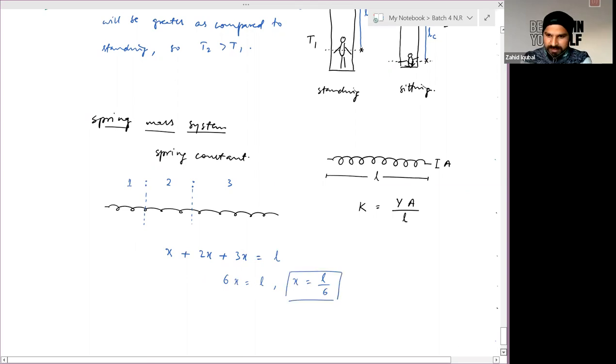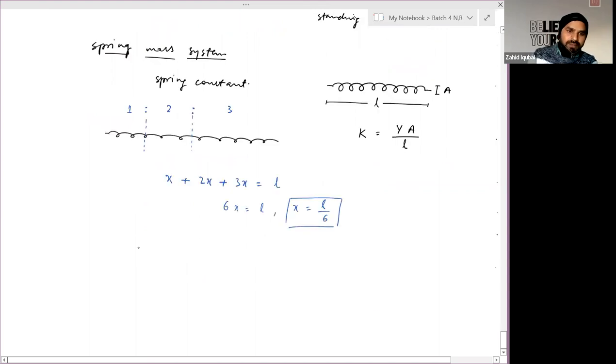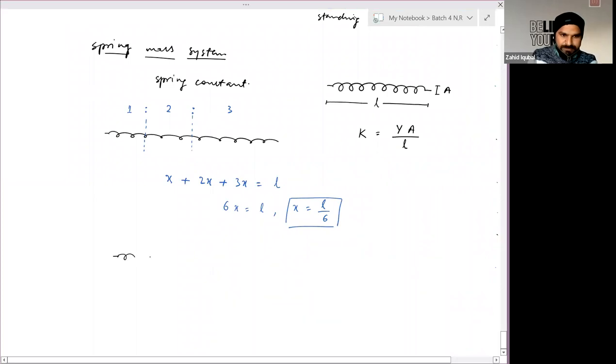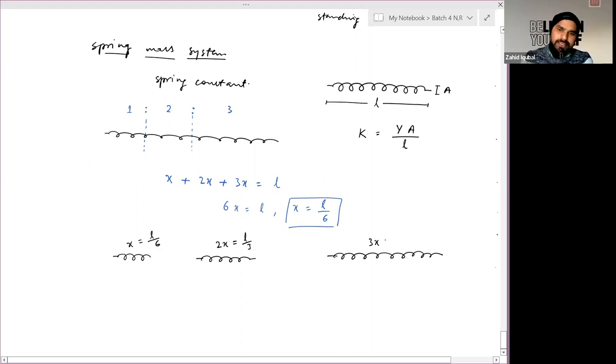Now for each different segment, for the first part the length is x, the second is 2x, and the third part is 3x, where x equals L by 6. So it will become L by 3 and L by 2. So K1 equals YA divided by its length, that is L by 6.